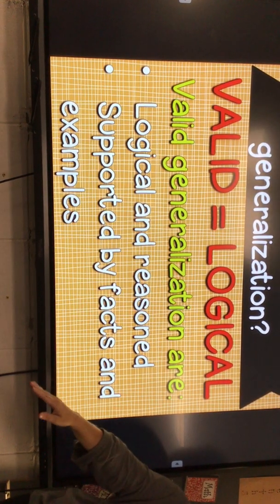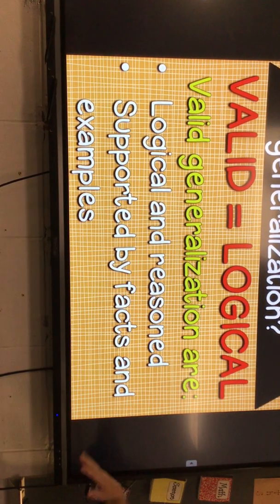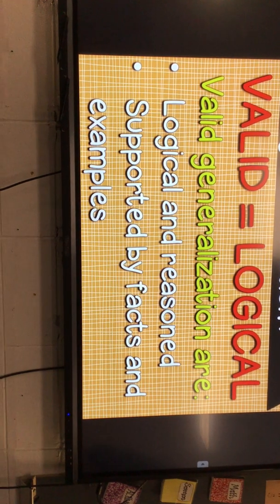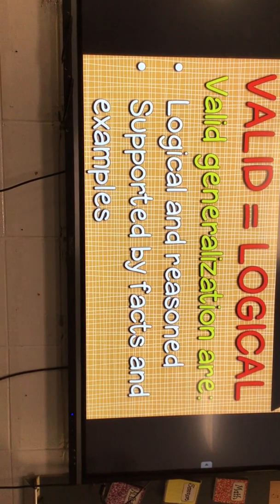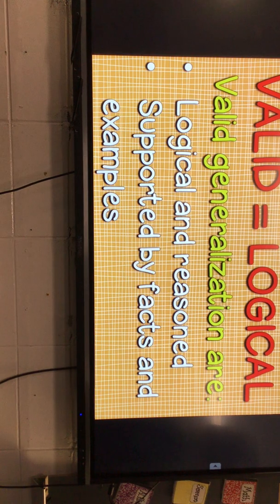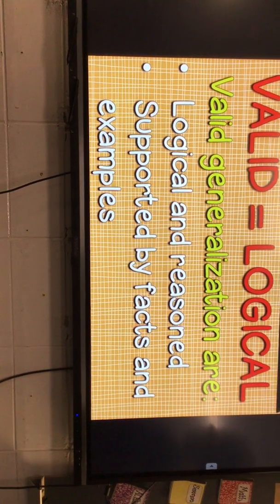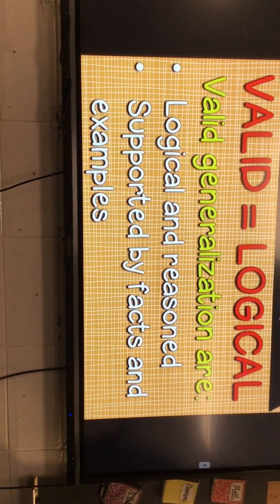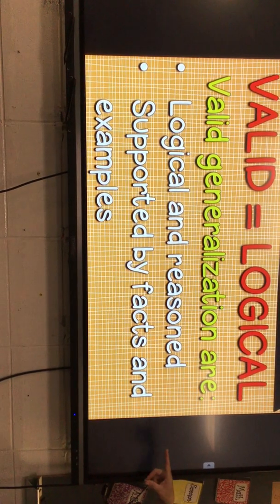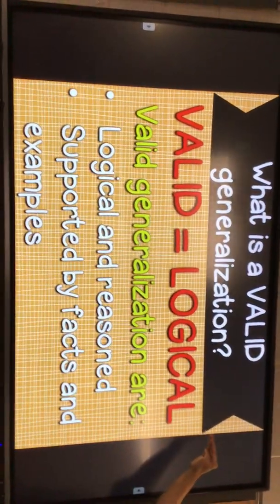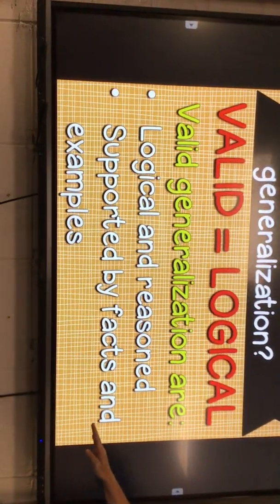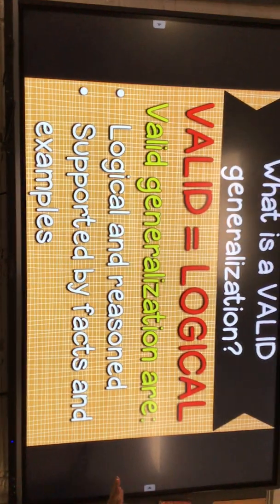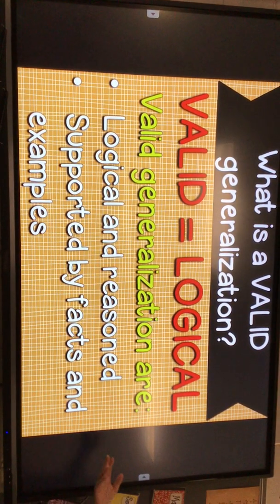Facts and examples, not opinions. I know, fact and opinion is just something we say so much that it causes me to occasionally misspeak. So, a valid generalization is supported by facts and examples, not opinions.